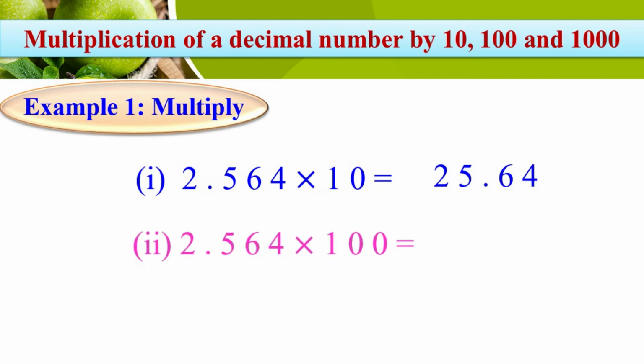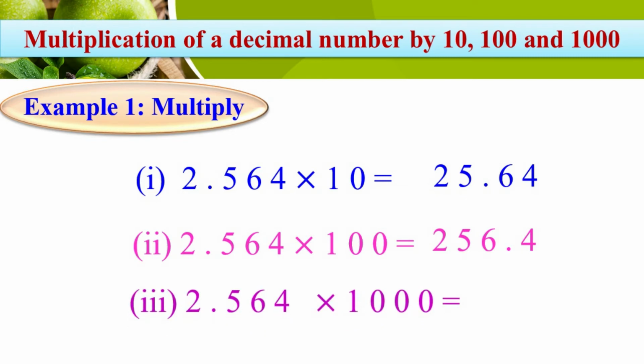Second question: 2.564 multiplied by 100. If it is multiplied by 100, that means 2 zeros, the decimal point moves 2 places to the right. So we get 256.4.